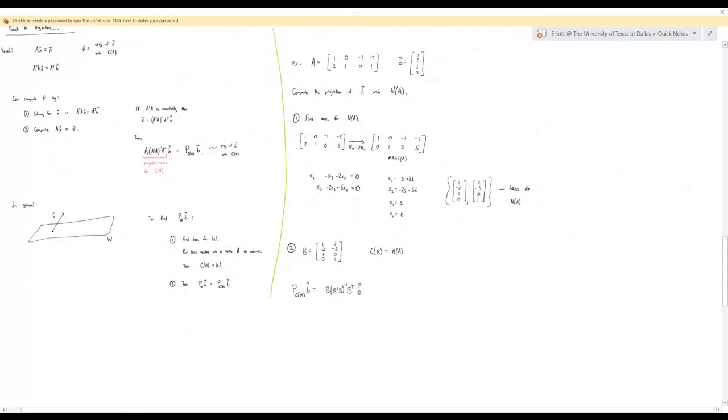Okay, so I'm just gonna finish up with all of these computations here.